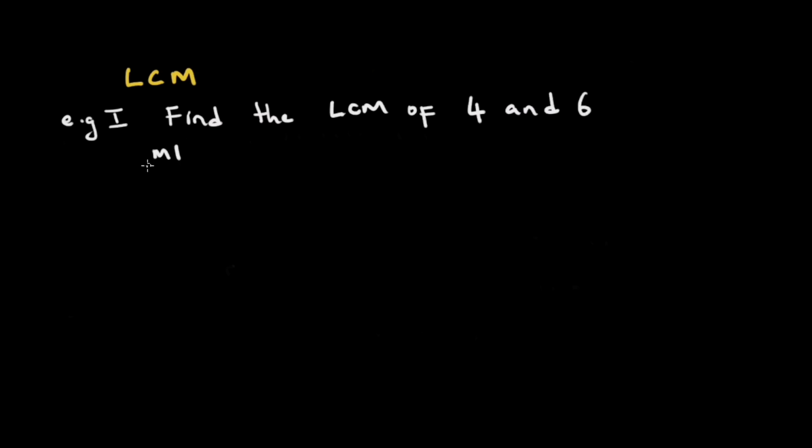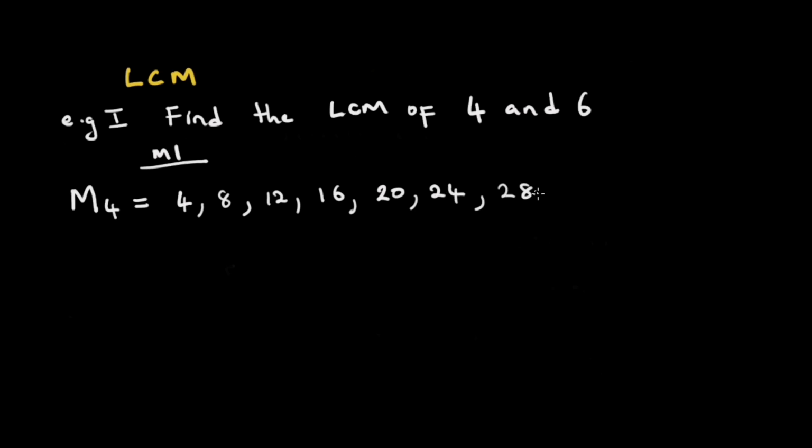The method we used in our lesson, when the numbers are very small, was to list multiples. Multiples of 4 are 4, 8, 12, 16, 20, 24, 28 and so forth.